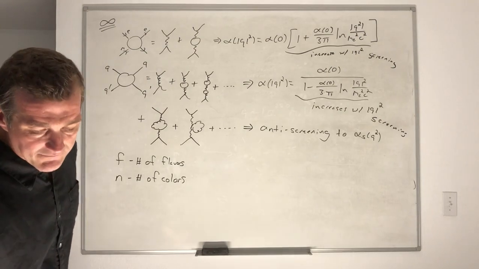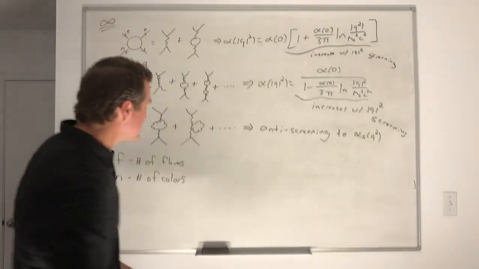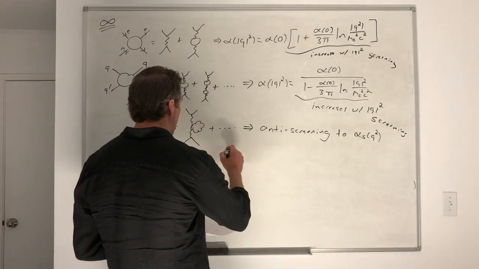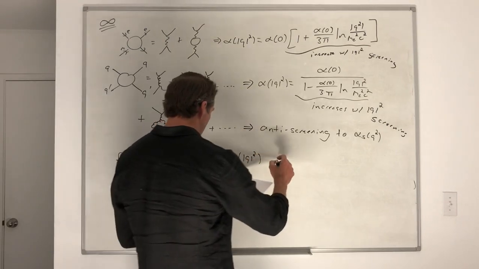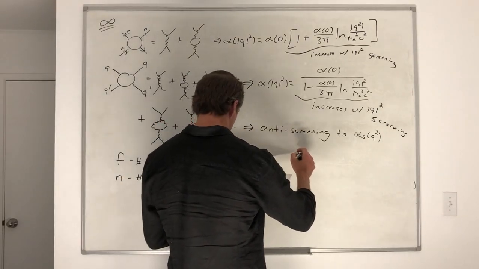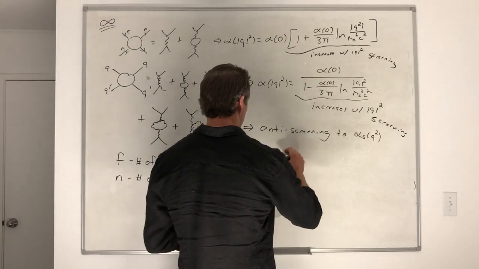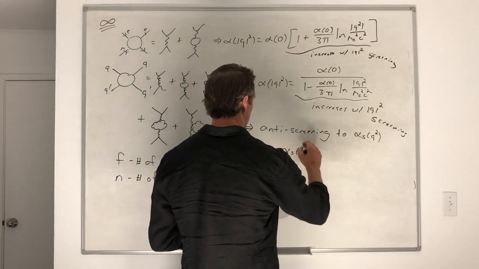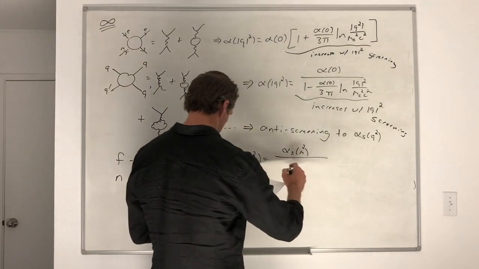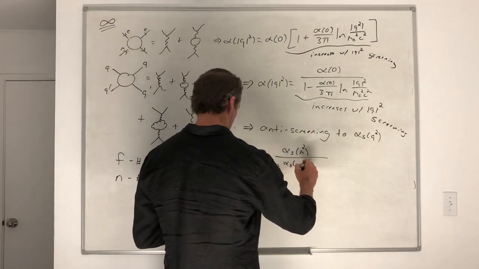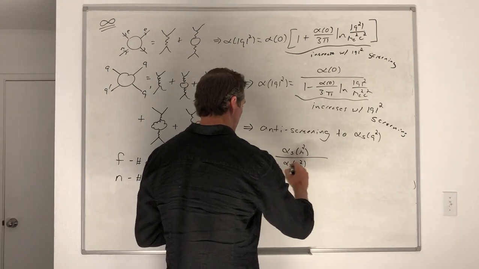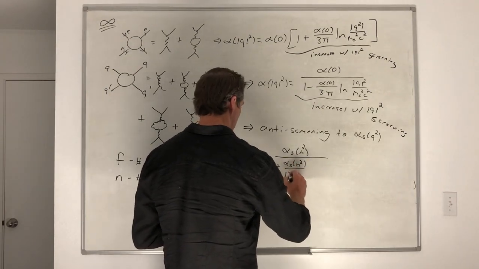But what we discover is that alpha S, as a function of Q squared, takes the following form. Where mu squared, I will discuss in just a moment.